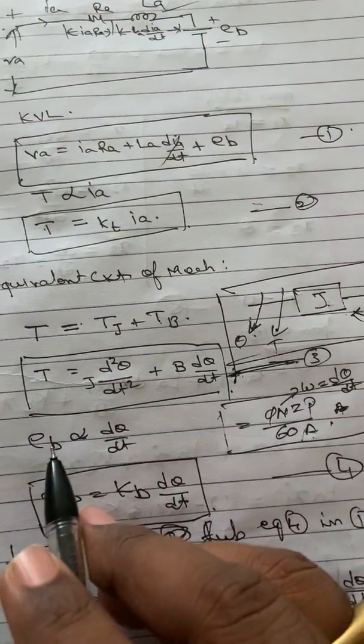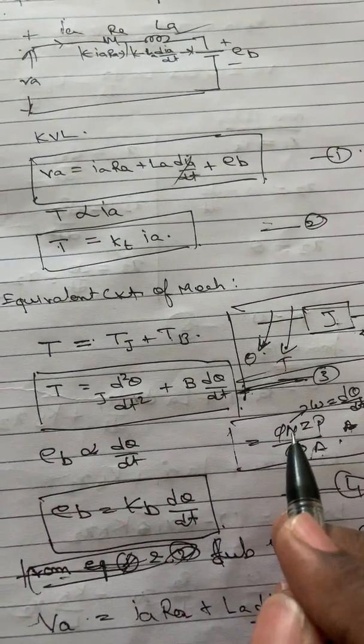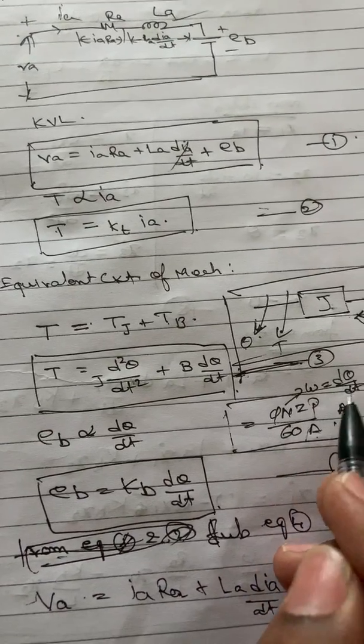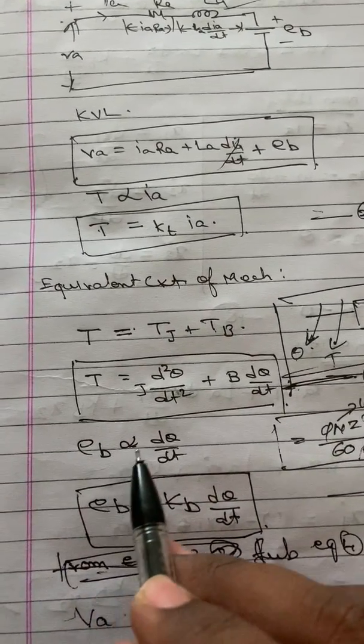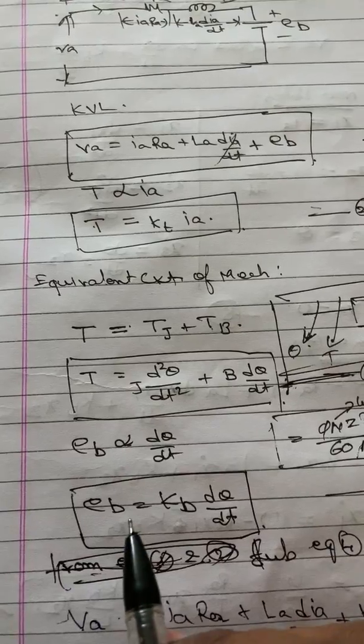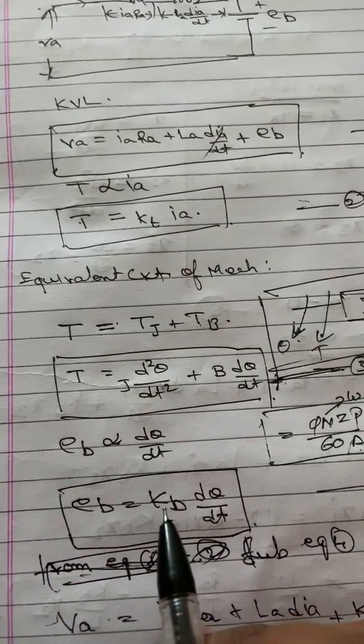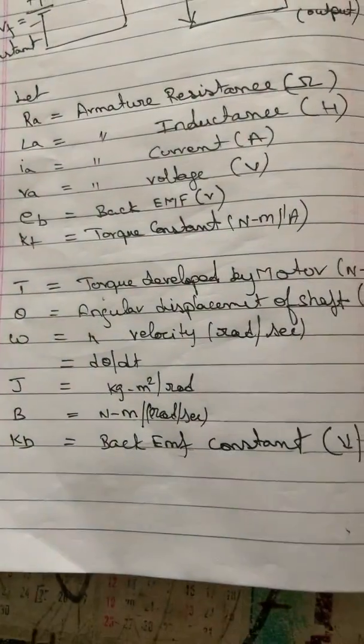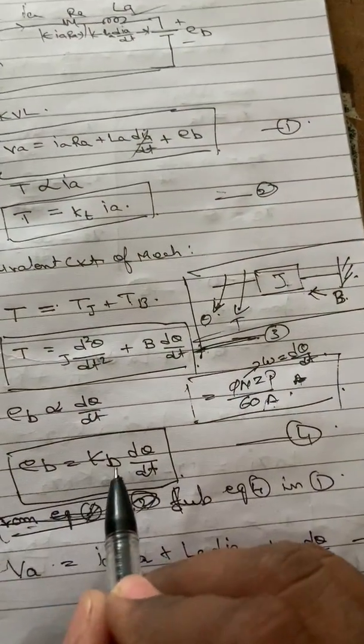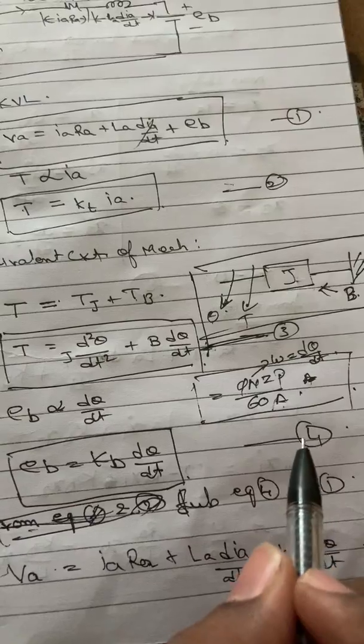Therefore, back EMF is proportional to N, or you can also write omega or d theta by dt. Taking out this proportionality constant, we have EB is equal to KB, which is nothing but the back EMF constant, what we have already defined here, into d theta by dt. This is the fourth equation.